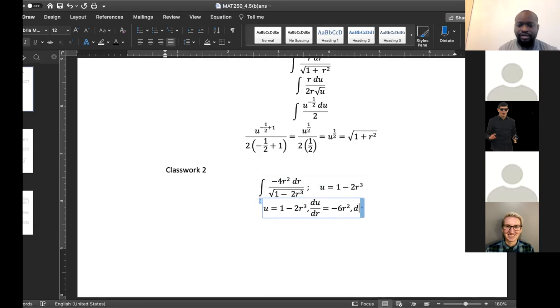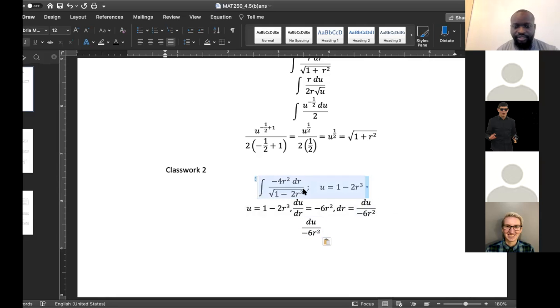So dr equals du divided by minus 6r squared. So I'm going to put this for dr in the integration.